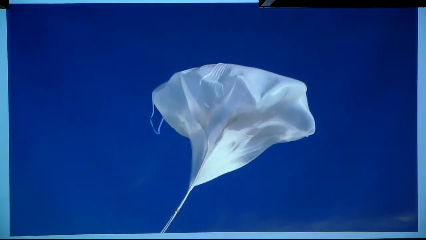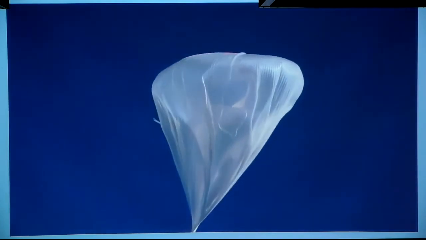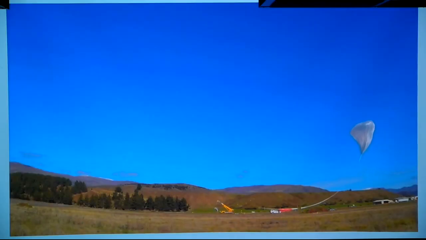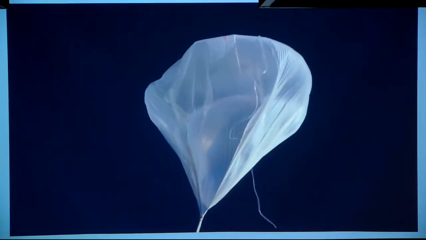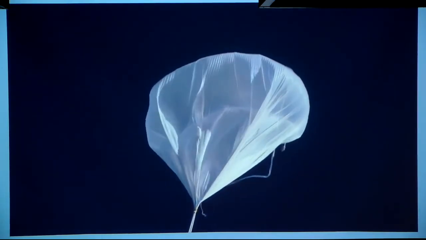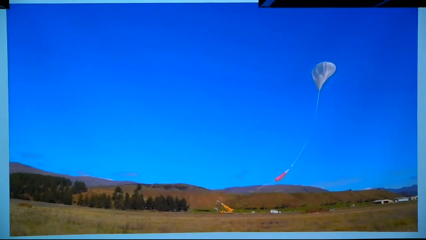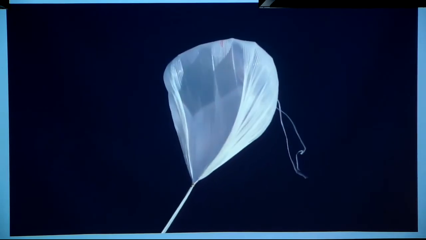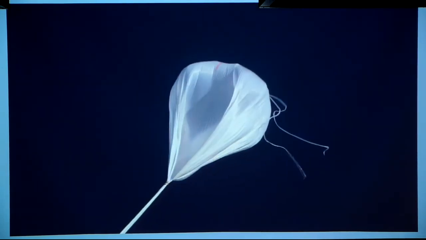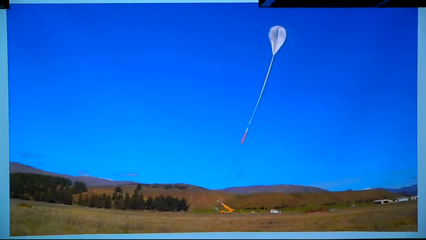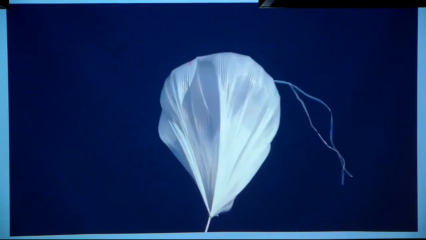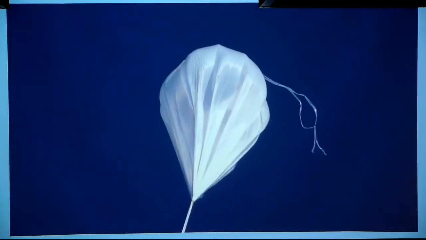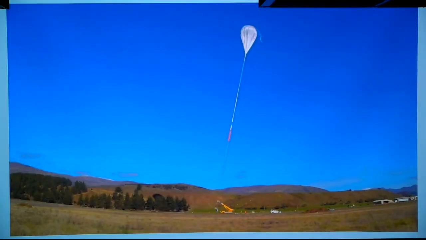A lot of stresses on the balloon at this point. There's almost no wind in this case, so much so they have to actually back up to do the release.